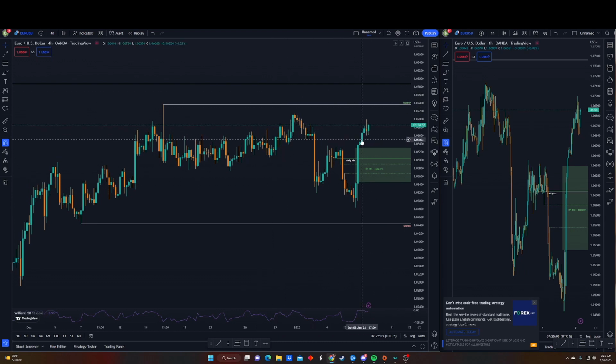We're filling in a, yeah, let's draw that out. This is a 4 hour buy side imbalance, sell side efficiency. We just traded to. Might go back down?